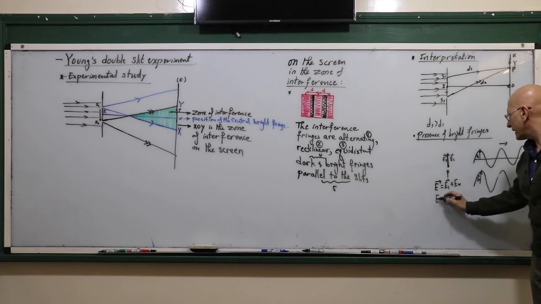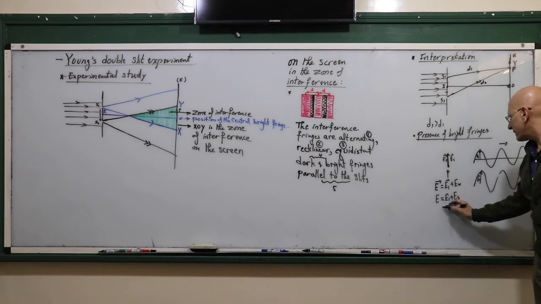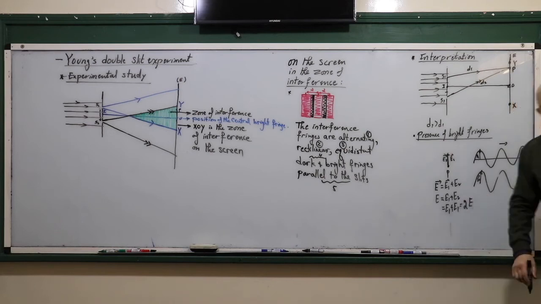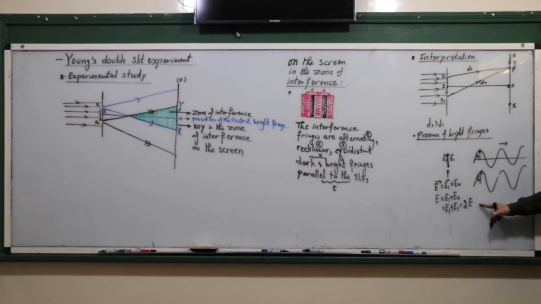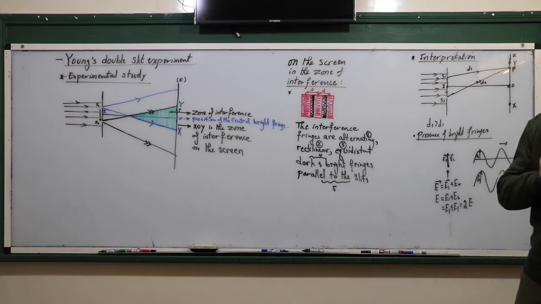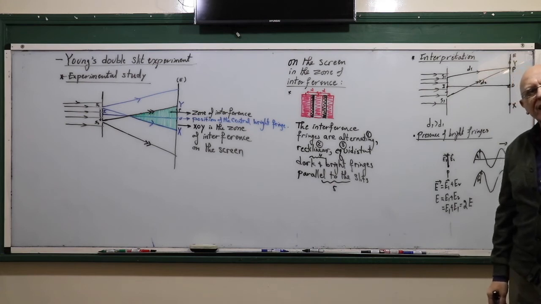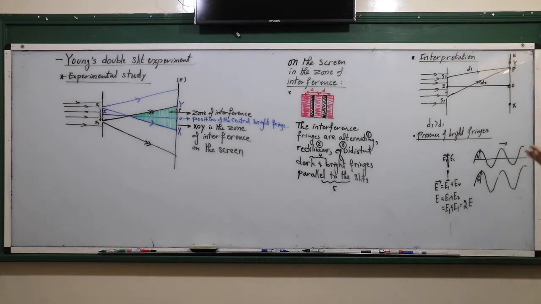You get a resultant field E1 plus E2, and E1 is equal to E2, so you get a maximum amplitude of 2E. This happens at the center of the bright fringe. And so the center of the bright fringe will have the higher intensity. And this is why we obtain a bright fringe.